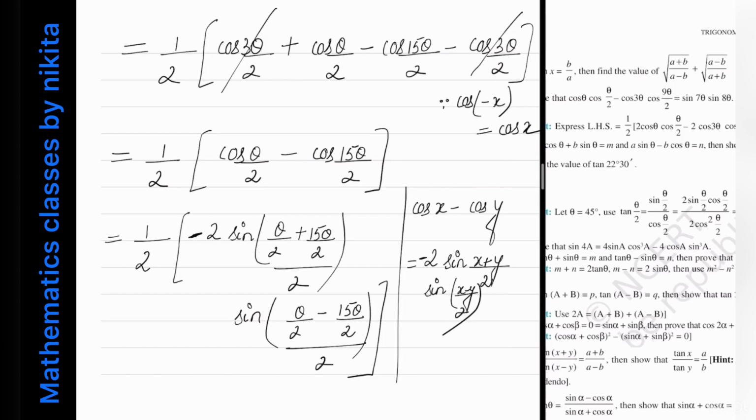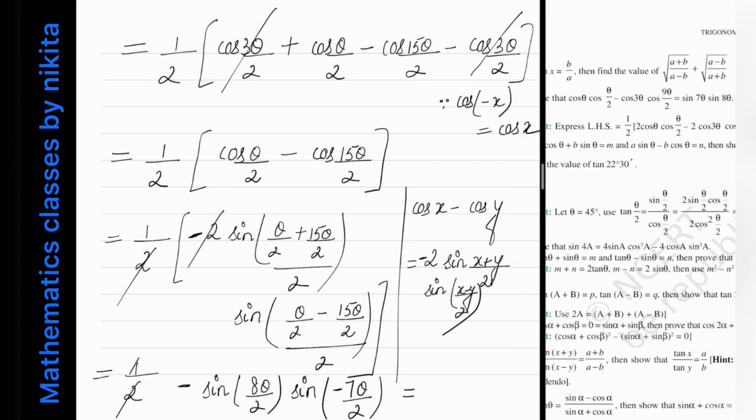I am directly writing here, this is half, the 2 will cancel. Here theta by 2 plus 15 theta by 2 is 16 theta by 2, so 8 theta, so minus sin of 8 theta by 2, then into sin of minus 14 theta by 2, so minus 7 theta by 2.